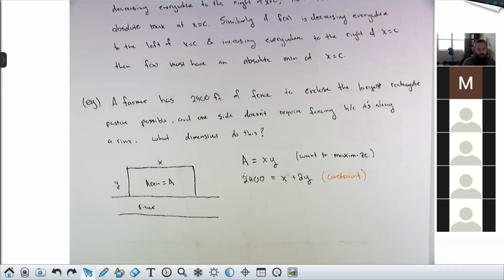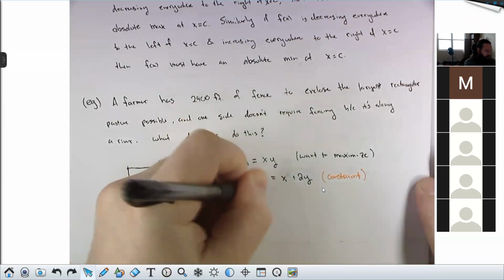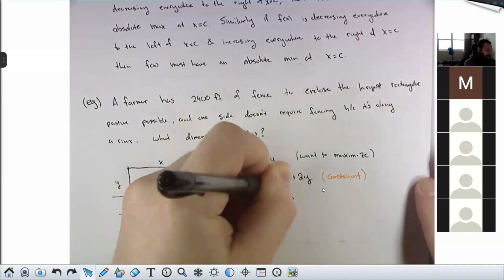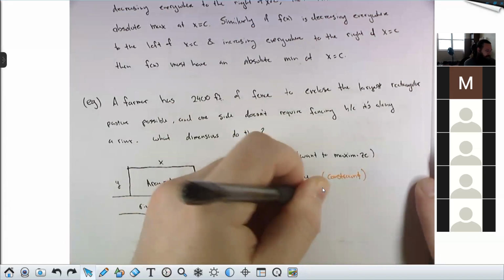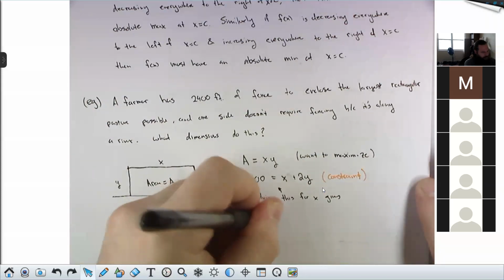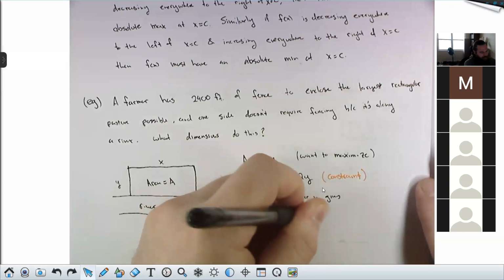The way I'm going to do this, I'm going to solve this equation for one of those variables. It's easiest to solve it for x, so I will do that. I get 2,400 minus 2y is equal to x.